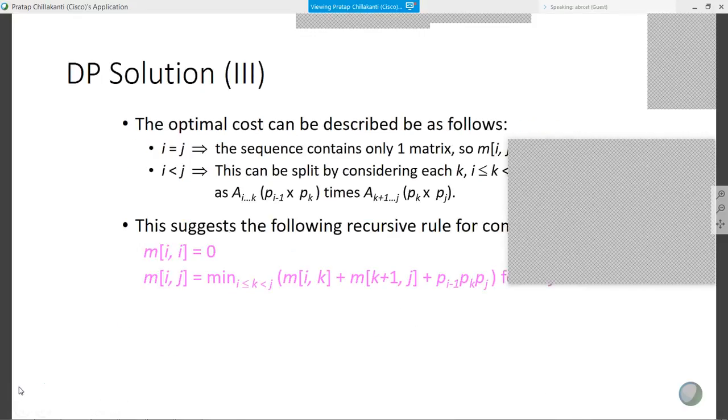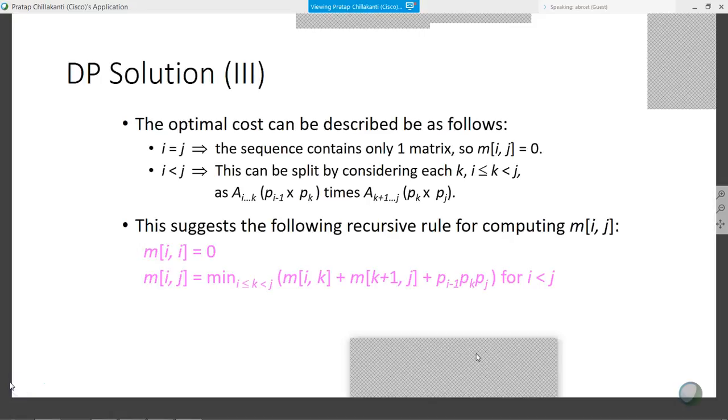Now, when i equals j, Mij is 0. I'm just reiterating that; I covered it earlier. If i is less than j, you're splitting that into Aik and A(k+1) to j. Mij is the minimum over i less than or equal to k less than j of the split costs plus the multiplication cost, whatever that formula is.